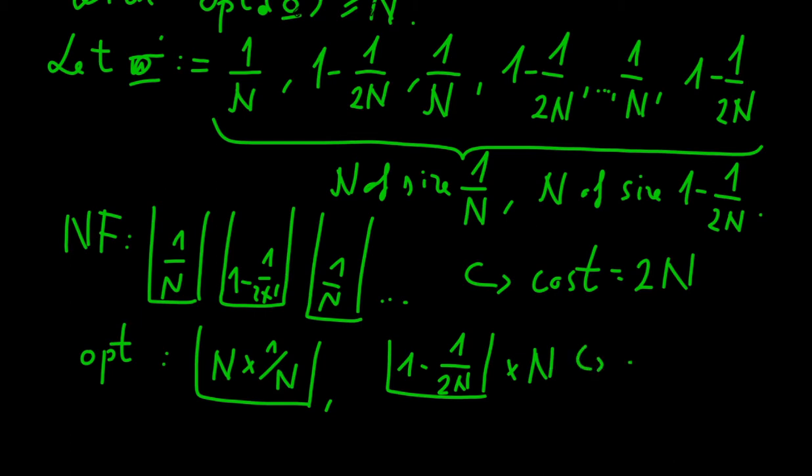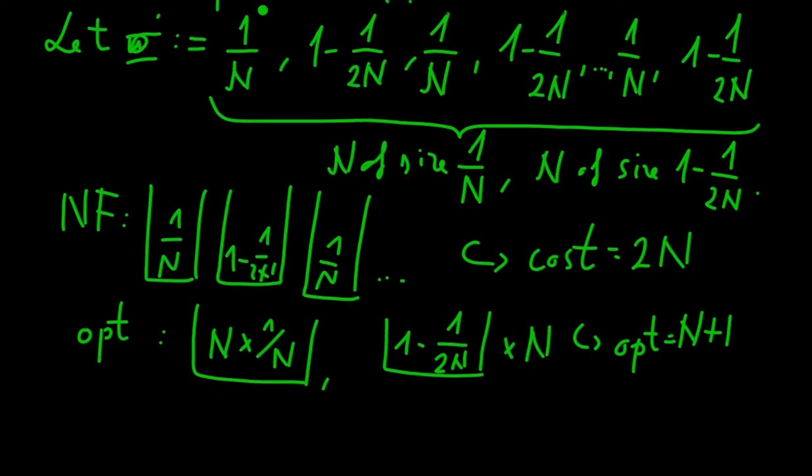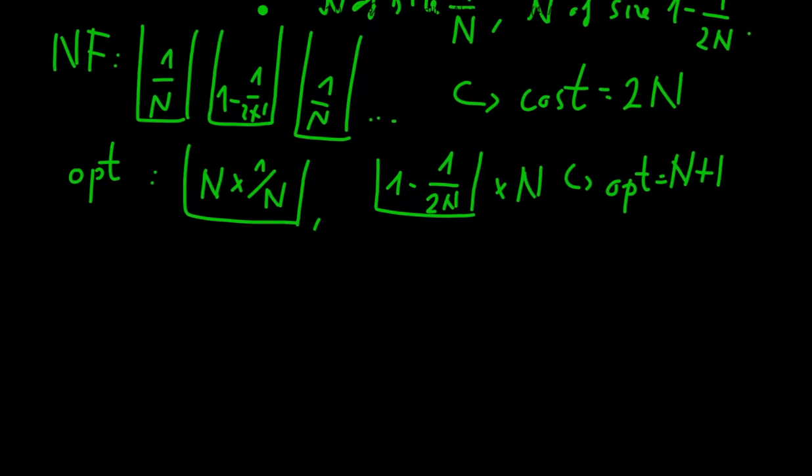So the optimum is, in this case, n plus 1. This means that for each n I can give a bad input on which the cost is 2n and the optimum is n plus 1. It's almost twice as large, not exactly, but almost twice as large.